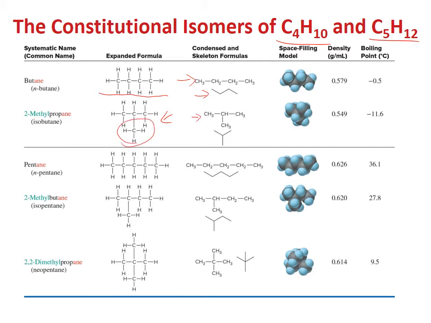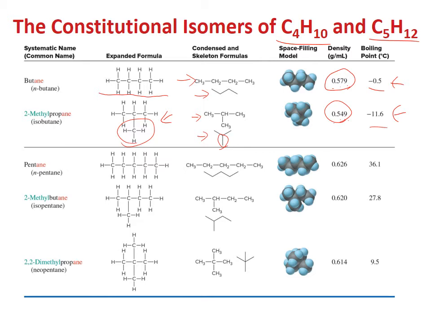This is again the condensed formula, and the skeleton formula shows the branch. You can see they are different molecules, and they have different densities. One is 0.579, one is 0.549, and the boiling points are different. One is negative 0.5, one is negative 11.6.